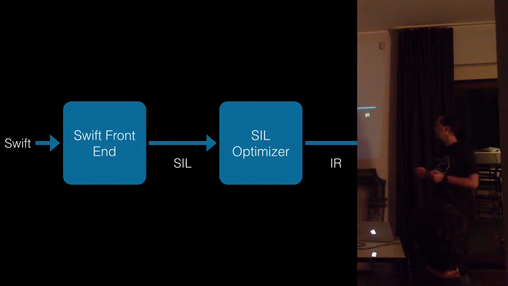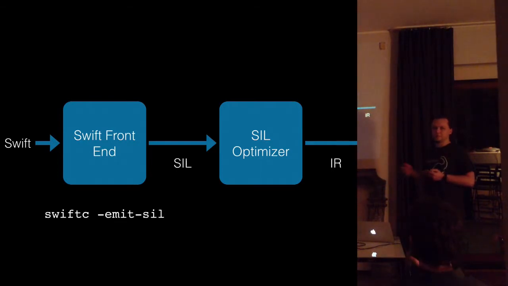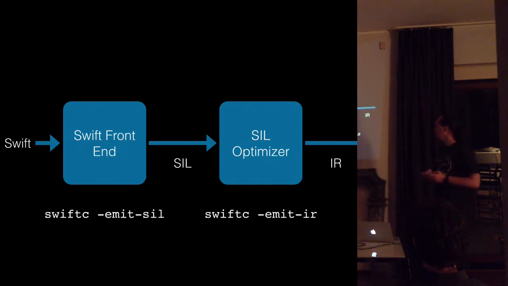In the second phase, the SIL optimizer takes SIL, optimizes it, and generates a low-level, still platform agnostic intermediate representation. And you can watch the output of every one of those phases by passing the emit-sil parameter to swiftc, and look at the IR code by passing the emit-ir parameter.